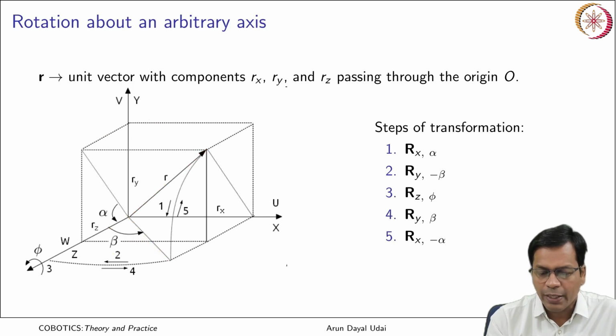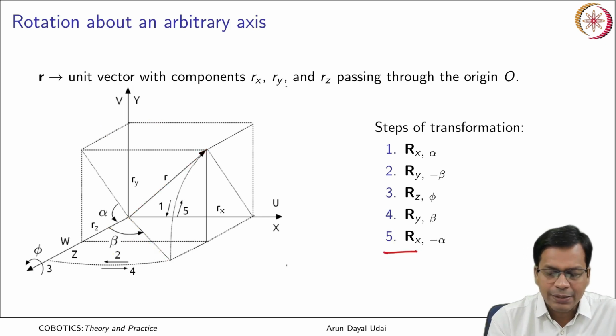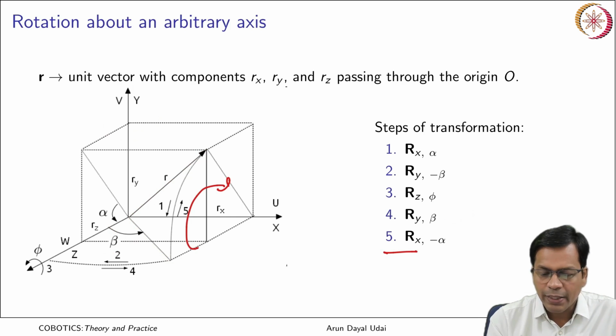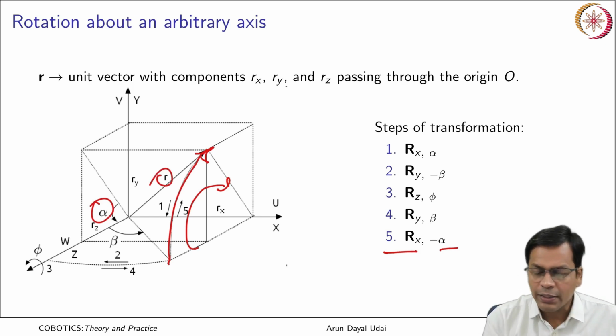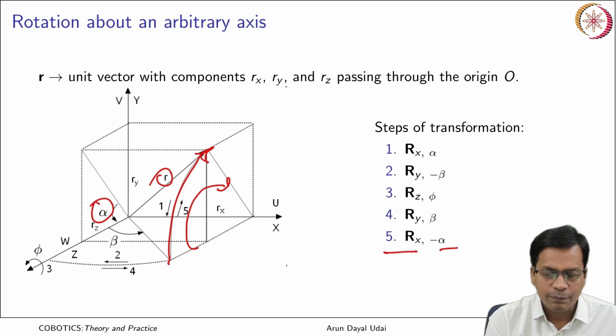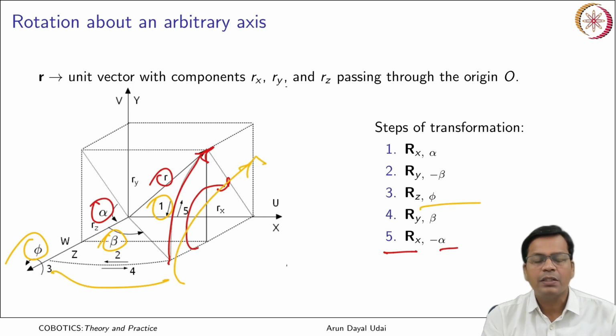In order to do that, I will do rotation about x axis by an angle minus alpha this time, and I come back to the initial location R. So this was done in 5 steps: rotation about x by an angle alpha, rotation about y by angle minus beta, doing the final actual desired operation, and bringing it back to the initial location.